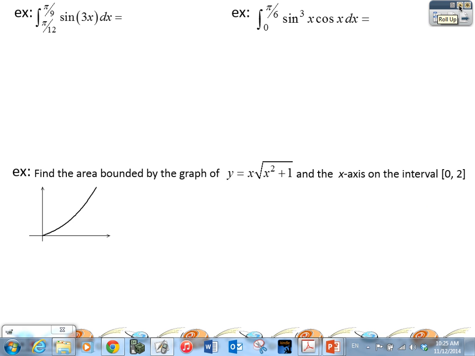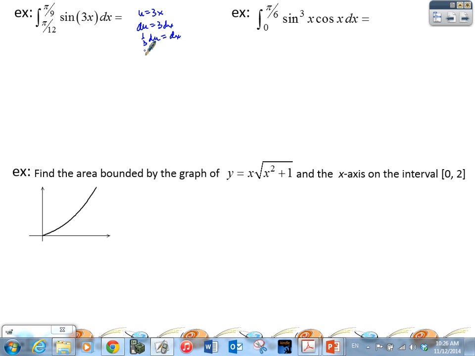Okay, let's take a look at this one. Here, I'm going to do a little baby u substitution. Eventually, most of you will be able to do this u substitution in your head. I'm not going to do that with you yet. So du equals 3 dx, 1/3 du equals dx.